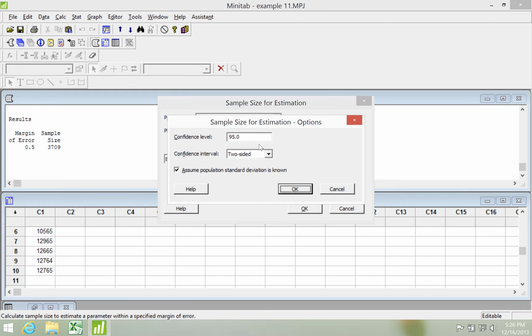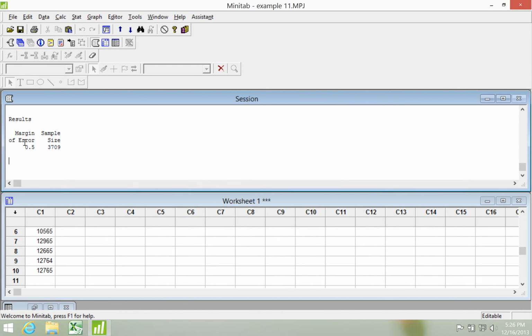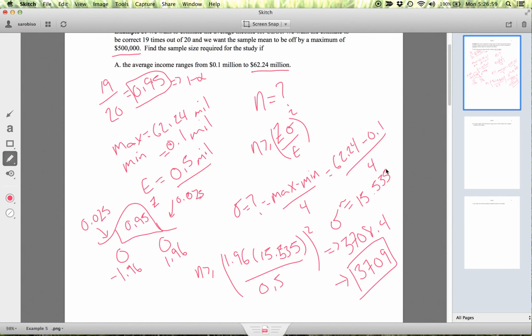Click on options. Make sure that the confidence level is as you want it to be. In this case, we want it to be 95% confident. Always leave the confidence interval as two-sided, and make sure to check off 'assume the population standard deviation is known.' If you do that in Minitab, you will get the same answer that we calculated by hand, 3,709. Okay, let's go on to part B and C.